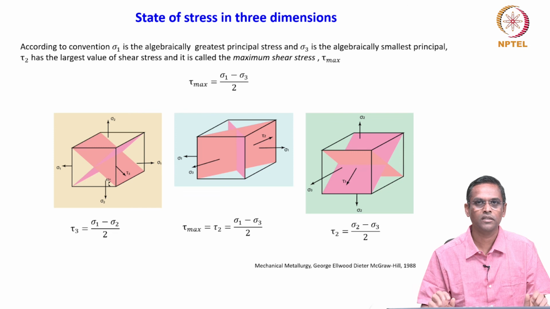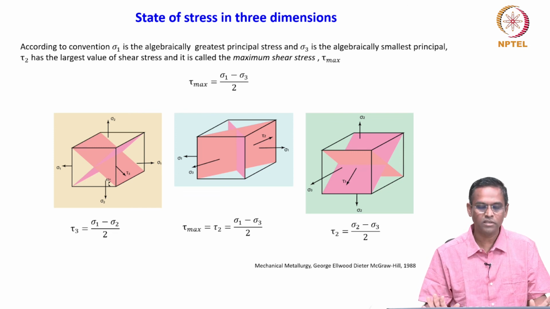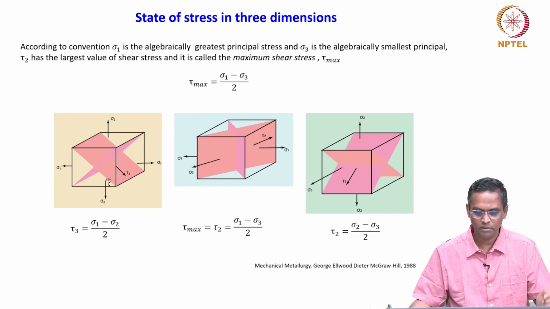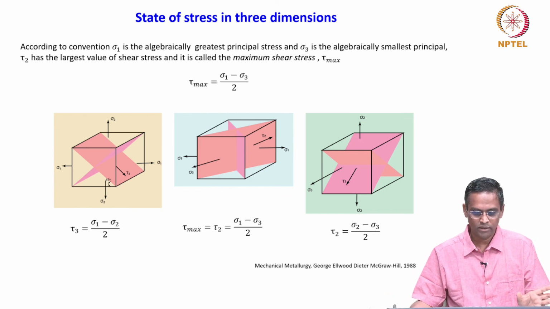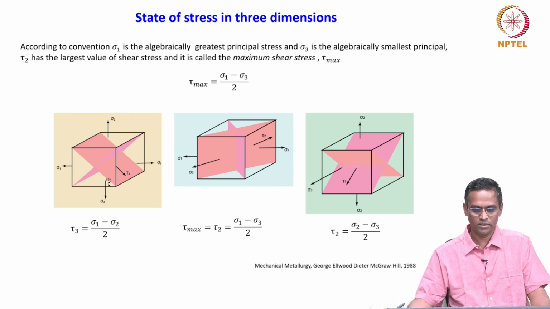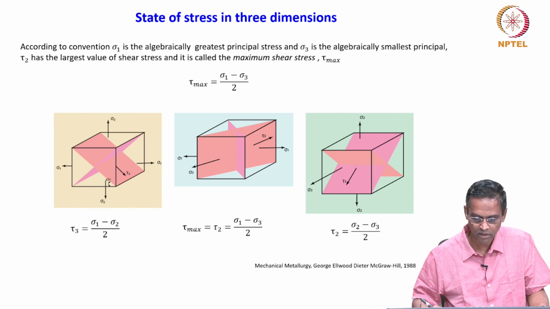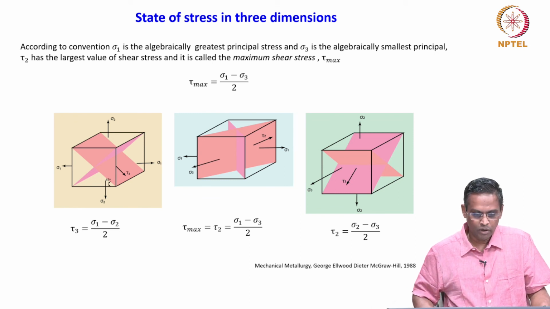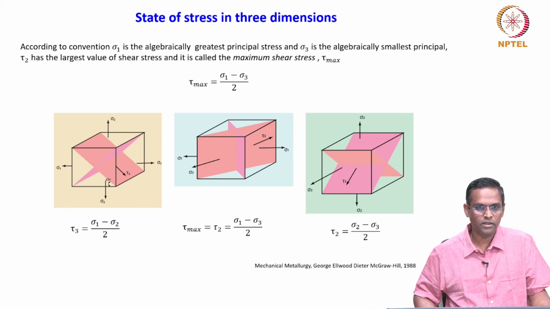These are all the things we have witnessed with this exercise. It may look a little boring or tiresome, but if you look at what you can grasp out of all this derivation, then it's not a bad idea to go through this. So this is about the state of stress in 3 dimensions.